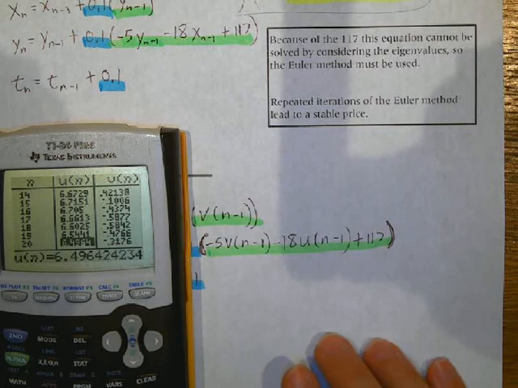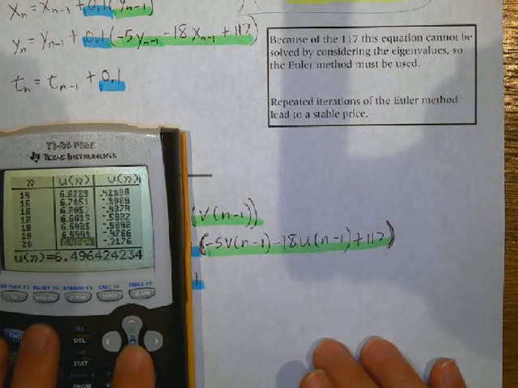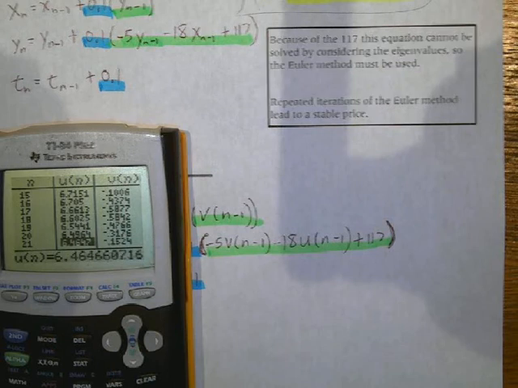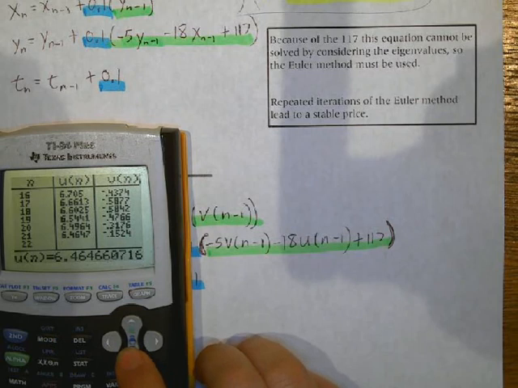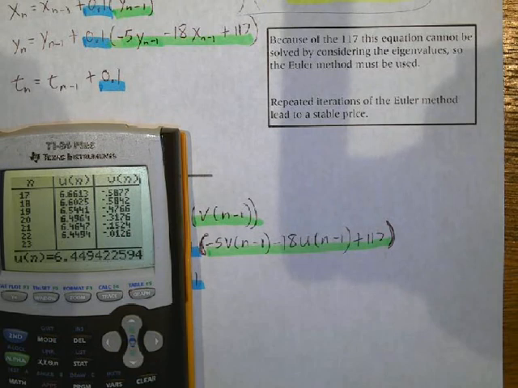And if I look at my textbook, keep going down. My textbook says that it levels off at 6.50.